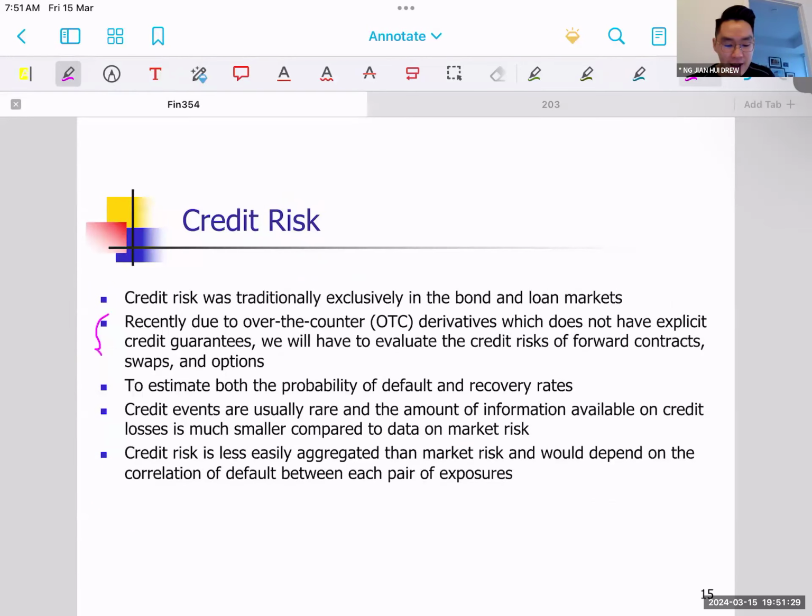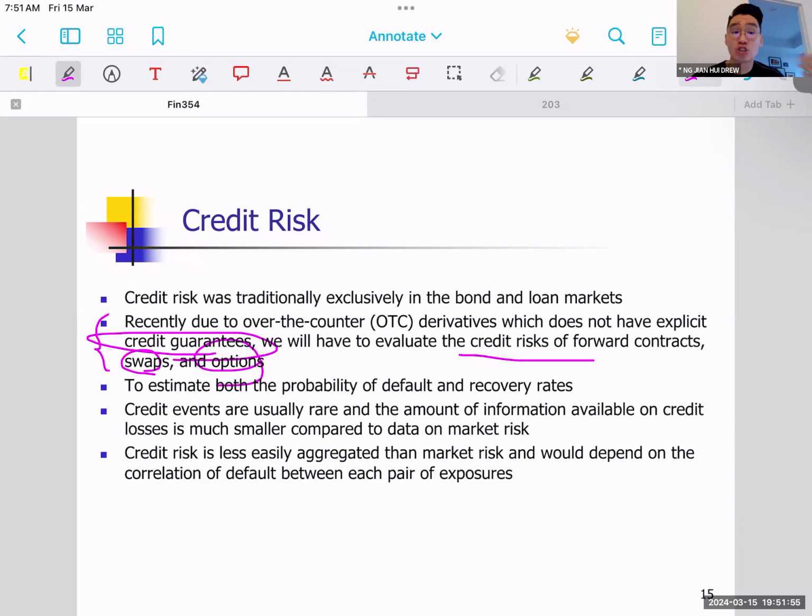There's this comment here that over-the-counter derivatives do not have explicit credit guarantees, and we have to evaluate the credit risk of forwards, swaps and options. So basically, what's this talking about? It means that when we think about derivative products, so this is kind of a transition to derivatives already, derivative products most of the time do not have the underlying.